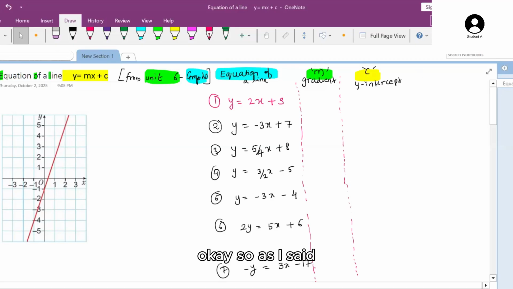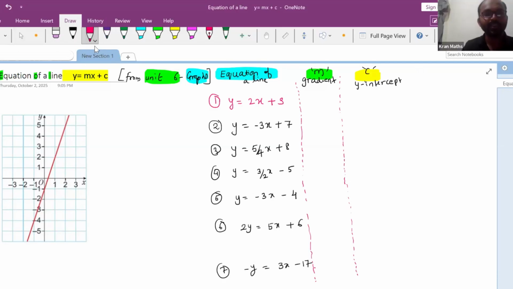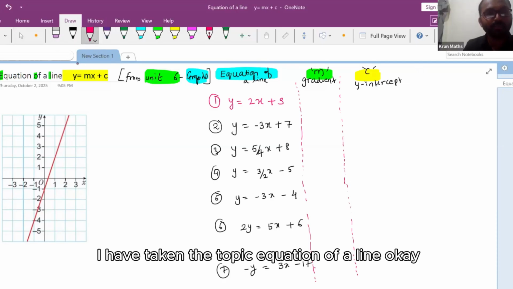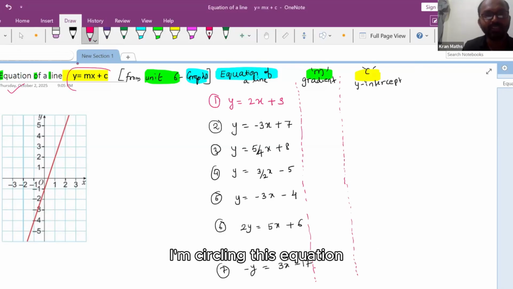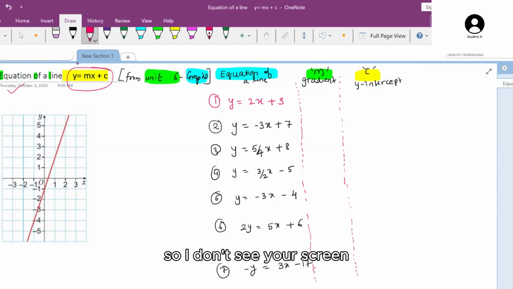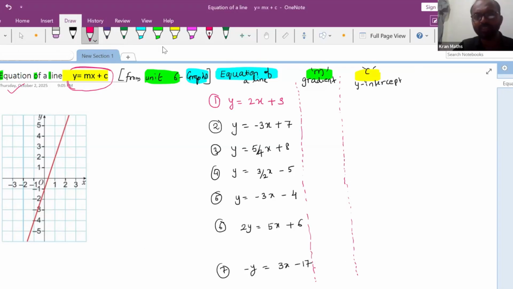Okay, so as I said, I have taken the topic equation of a line. Now, have you come across this equation? I'm circling this equation. I don't see your screen. Okay, you're not able to see my screen? No, I can see you, but I can't see your screen.